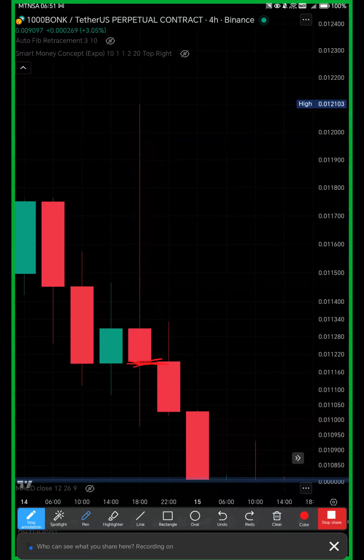Then the price went high up to that level. When it went high up to this level, sellers resisted this price. They didn't want the buyers to continue pressing the price to the top.